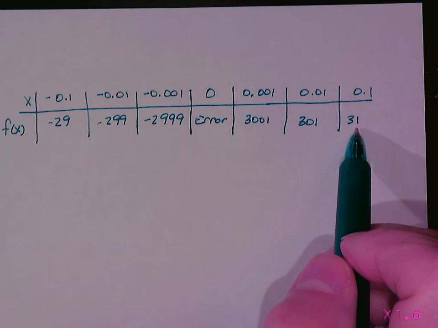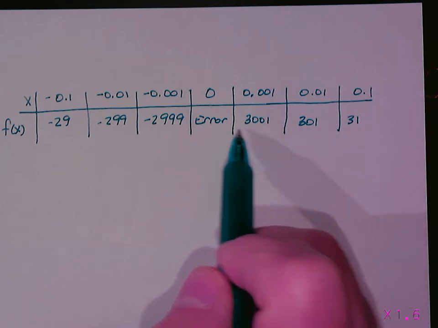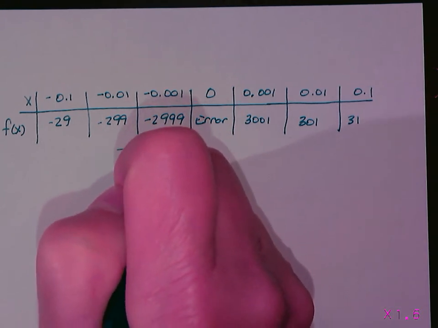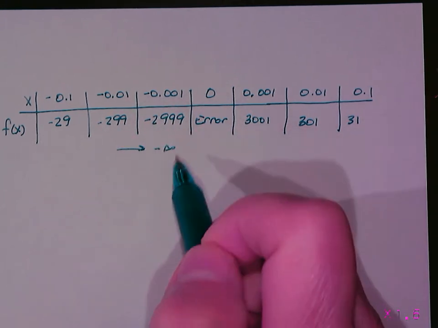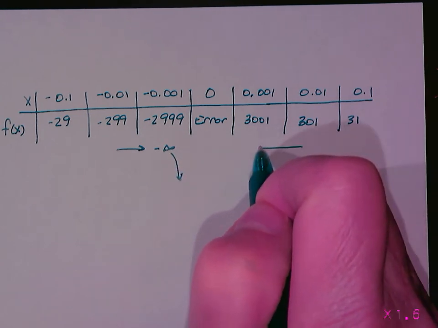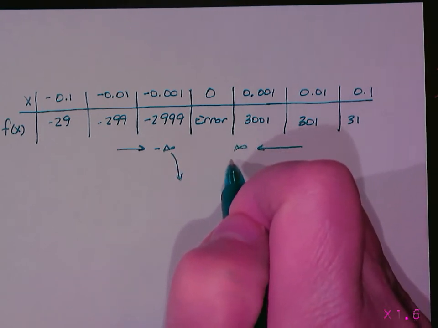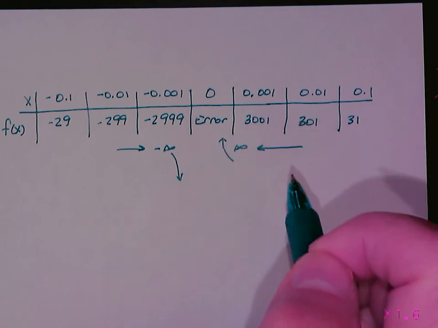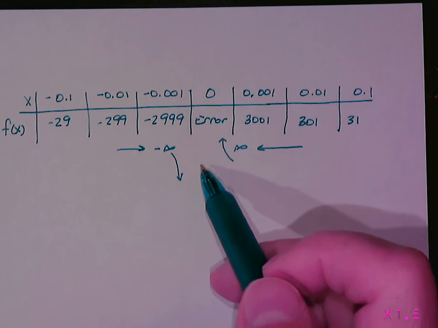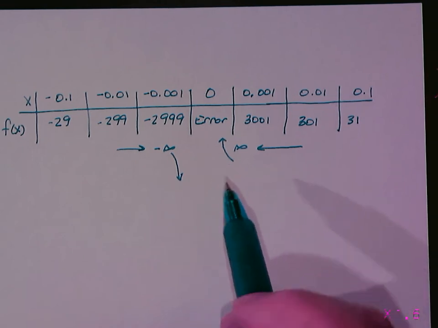These are positive numbers, but they're getting larger and larger and larger as you get to 0. So these are going towards positive infinity. So this is going towards negative infinity, which means the function is going down. These are going towards positive infinity, which means the function is going up. Since these are not going in the same direction, not coming close to the same number, the limit fails to exist.